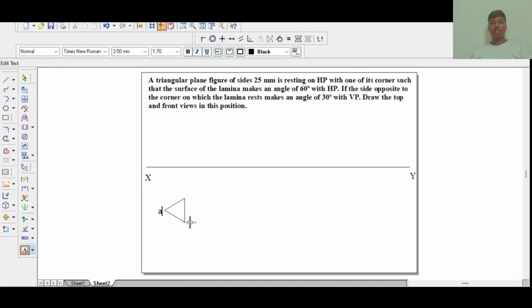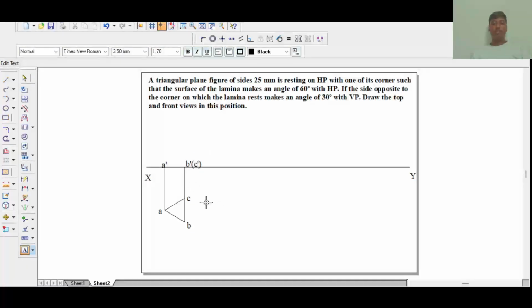I am naming the corner as A, and the edges as B and C. Next, take normal line, then project from corner A to the XY line, and BC to the XY line, and then take a visible line, draw a line from the projected lines in the top view, and then name the points A dash, B dash, and C dash.